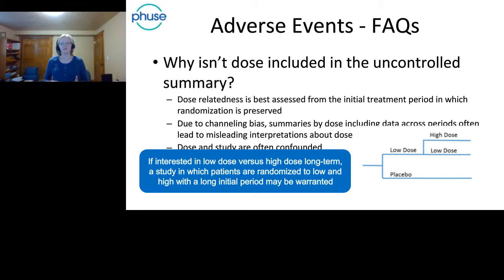Looking at dose relationship across studies is actually very challenging, and in some cases you really need very advanced meta-analytical training and methods to be able to do this. So it's key to understand confounding and channeling bias when looking at dose relationships. That's why we don't have dose on this uncontrolled summary, because it's going to fail all those meta-analytical principles in almost all cases.